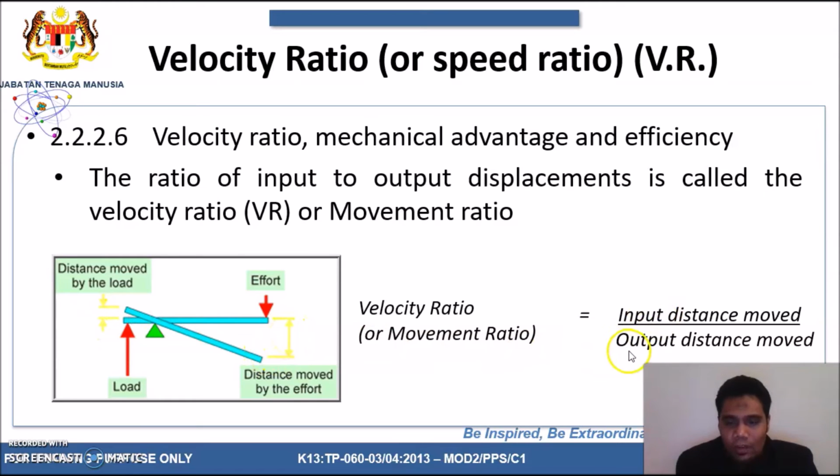So 2 over 10 is equal to 1 over 5. That is the velocity ratio or movement ratio. This ratio does not have a unit. It is a physical ratio to see the mechanical efficiency of an item or mechanical machine.